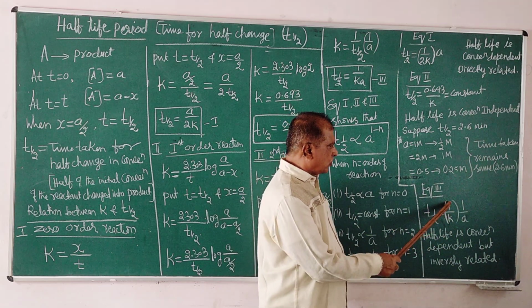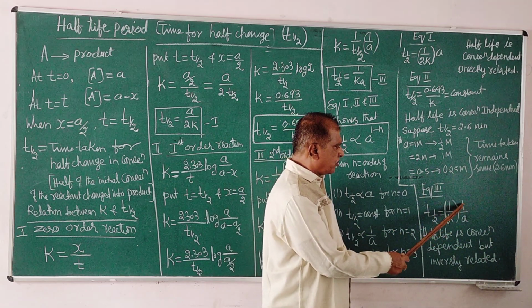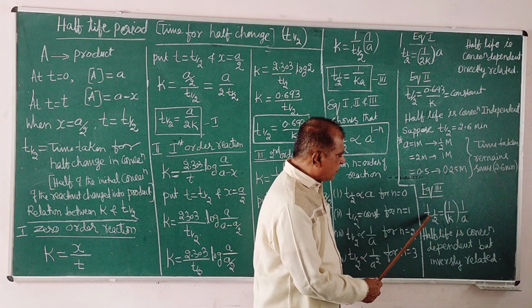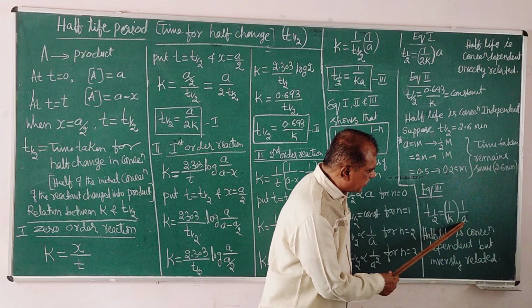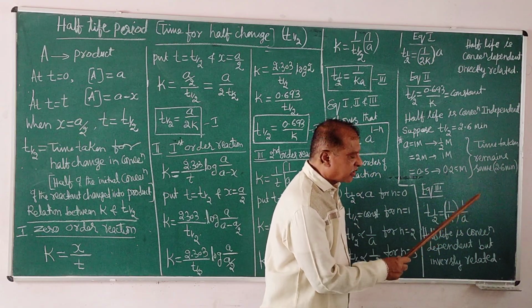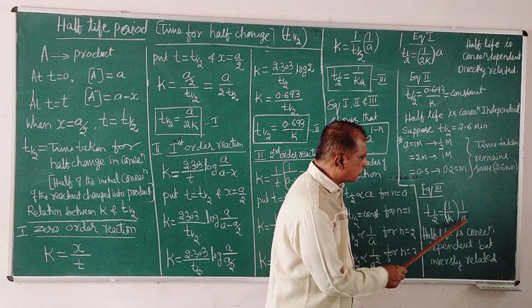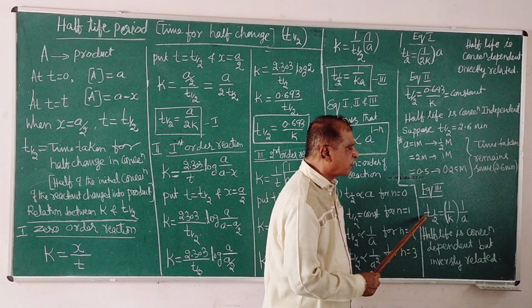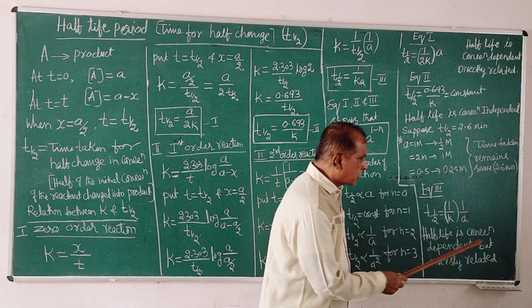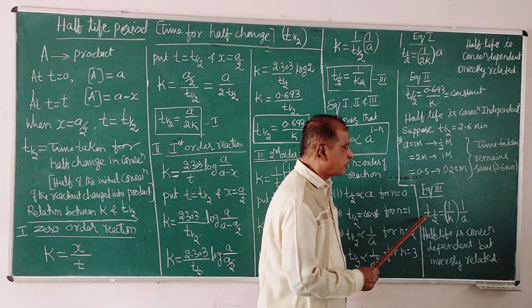And the next equation, the third one: half-life is equal to 1 by k a, with a the initial concentration. The half-life of second order is concentration dependent, but inversely related. It means higher the concentration, lower the half-life, and lower the concentration, higher the half-life.